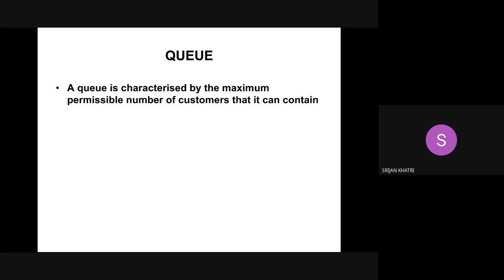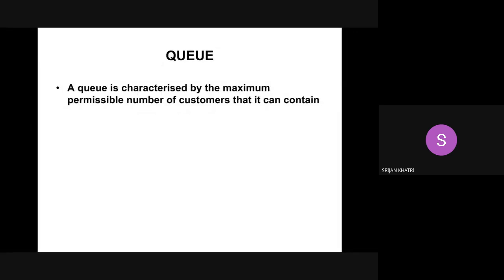The queue is characterized by the maximum permissible number of customers that it can contain. For example, we have a dispensary, a clinic, where there are only 15 waiting chairs. So at most 15 patients can be accommodated there, can wait there.